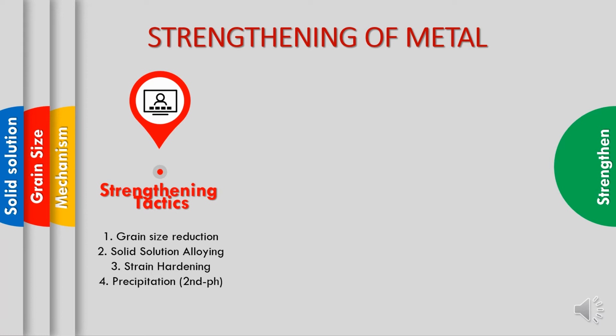There are four ways we can see to strengthen metals. The first is grain size reduction. The second one is solid solution hardening. Next is strain hardening. And finally, we have precipitation hardening.